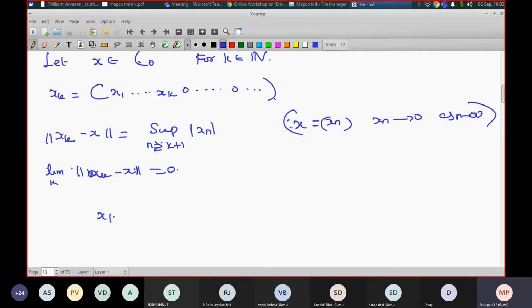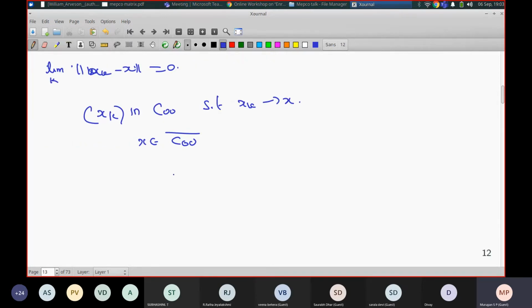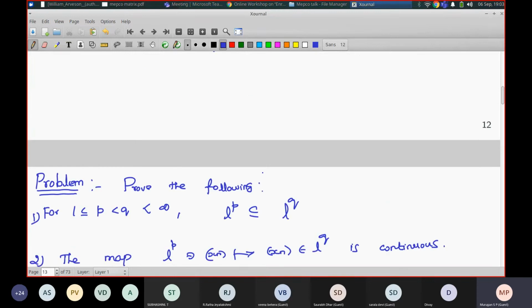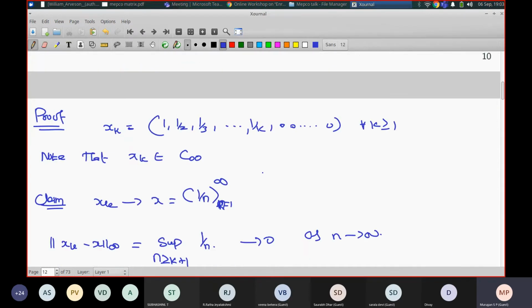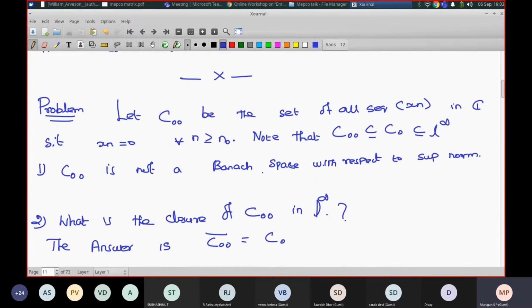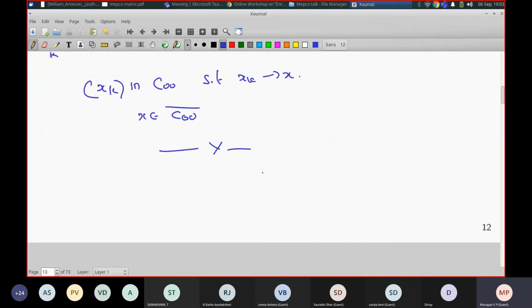You can find a sequence x_k in c_00 such that x_k converges to x. Therefore, x belongs to the c_00 closure. Okay. Hence the proof completes, right? Yes. Okay. Is there any doubt in this argument? If you have doubt, you can ask me.